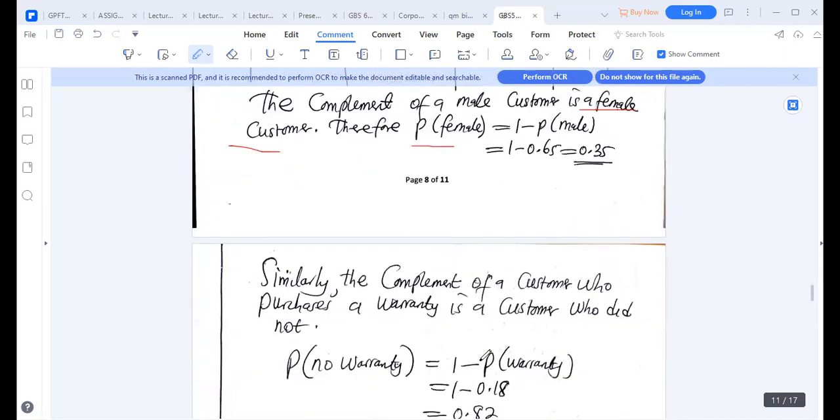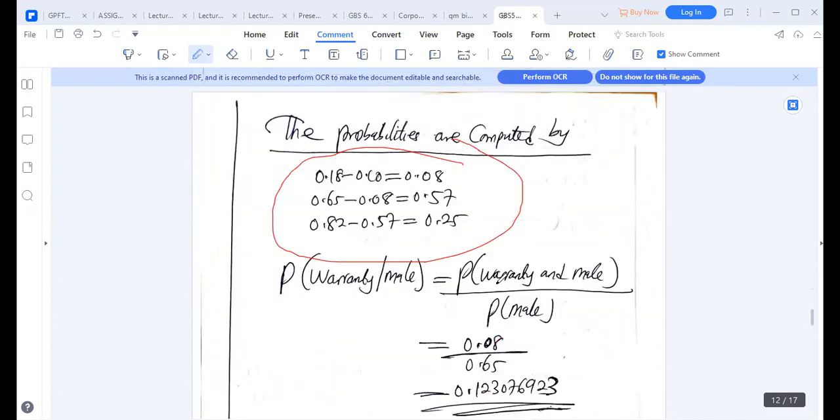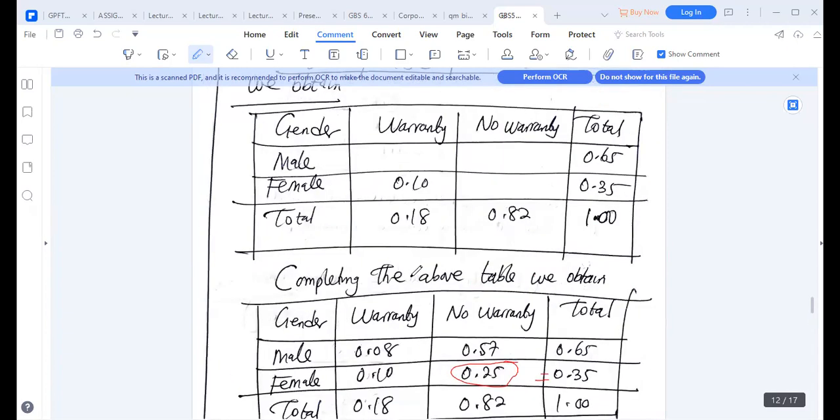So the probability of warranty given that it's male is a conditional probability. So we're simply saying the probability of warranty and male over the probability of male, so 0.08 over 0.65.